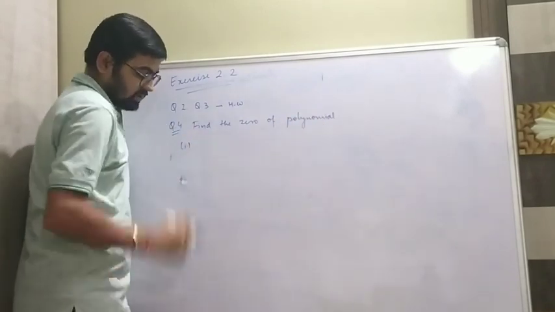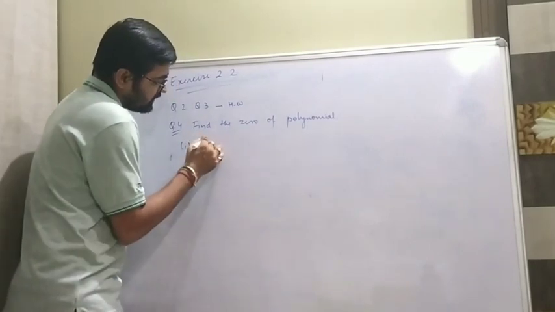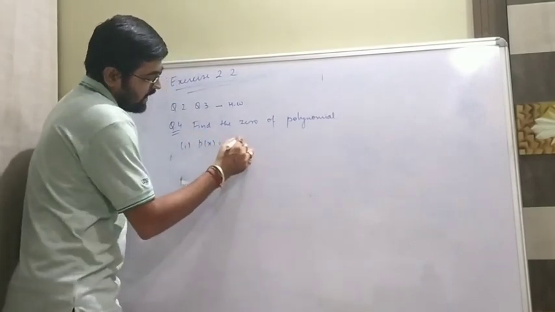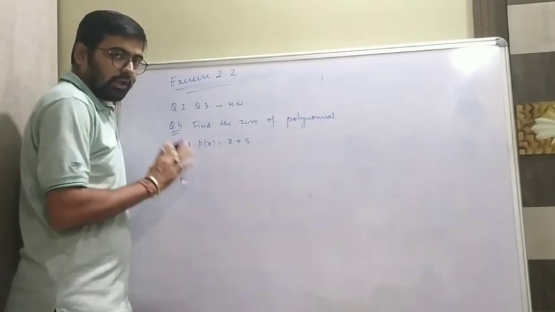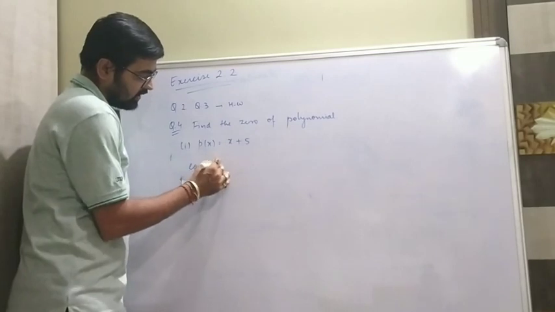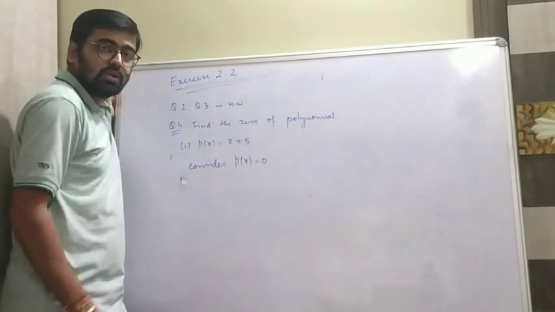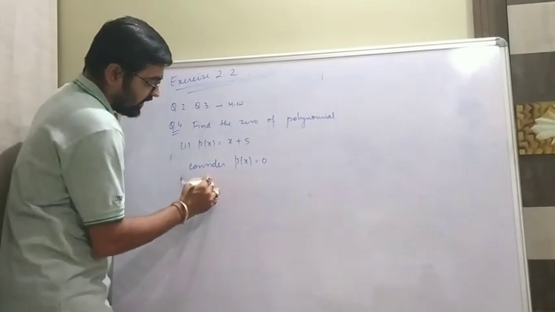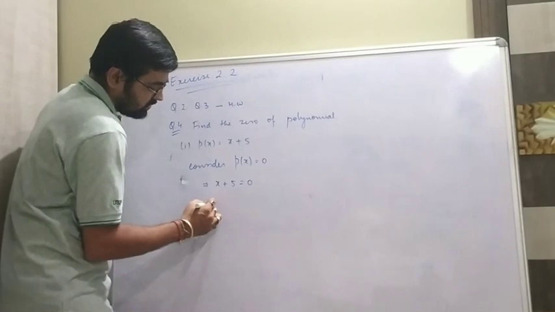So the first polynomial we have is p of x equals x plus 5, and I told you how to do that in this particular video only. Consider p of x equals 0. By taking p of x equals 0, I can say x plus 5 equals 0.